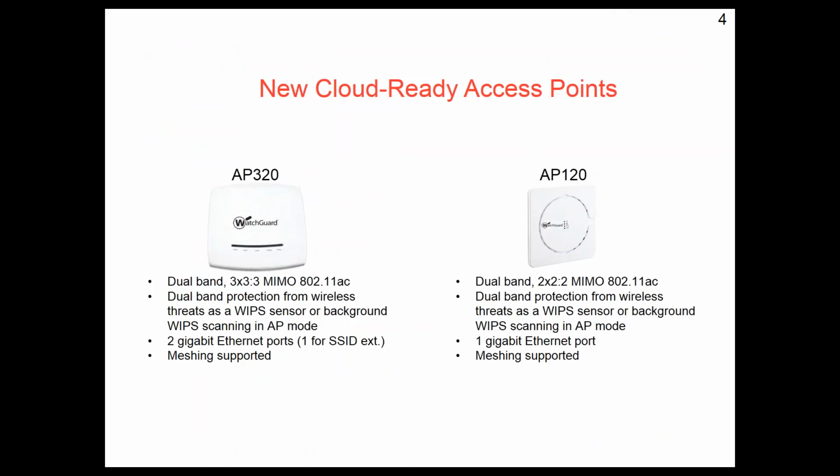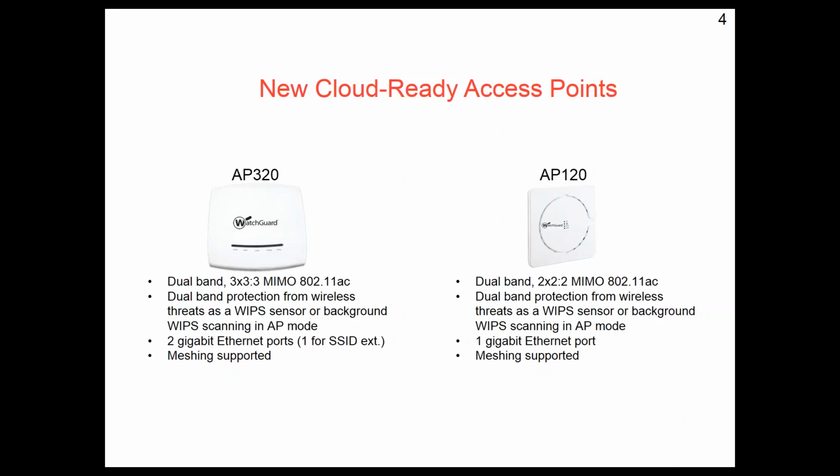So just a very quick review of our new cloud Wi-Fi offering. It currently consists of 2 APs. We have the AP320 and the AP120. They're both dual band. The AP320 is a 3x3 AC, while the AP120 is a 2x2 AC. They are both capable of doing WIPs.